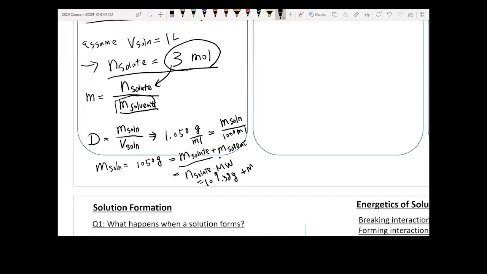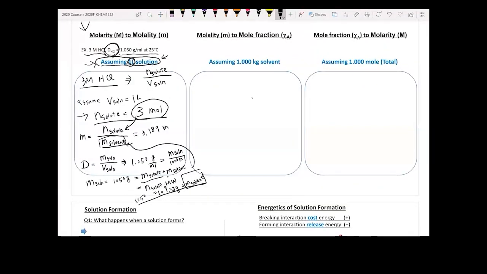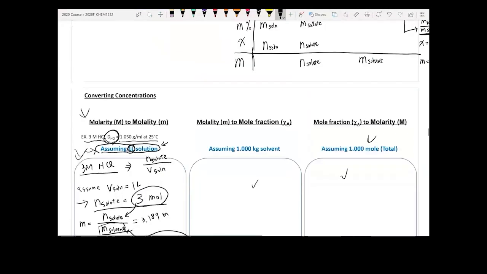Plus the mass of your solvent, and your solution is 1050. From this equation, you can calculate the mass of your solvent. Once you get that, you plug it back in here, and you get a molality of 3.189 m. I don't think I have time to go through the rest, but I will upload my handout to show you how to finish all the calculations. But the idea is all very simple.